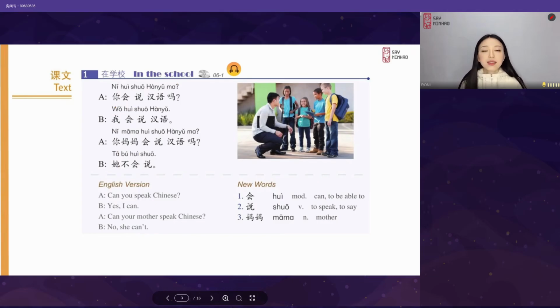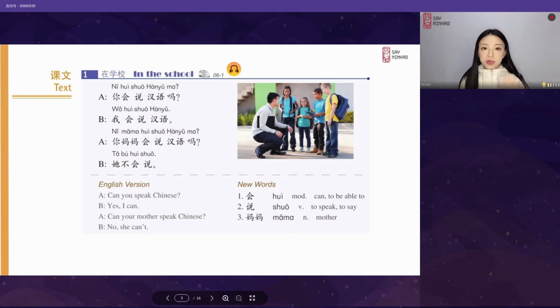Okay, read after me. 你会说汉语吗？我会说汉语。你妈妈会说汉语吗？她不会说。Okay, now let's try to read it in rows. I will be A and you will be B, okay? 3, 2, 1. 你会说汉语吗？你妈妈会说汉语吗？ Okay, let's switch the role.